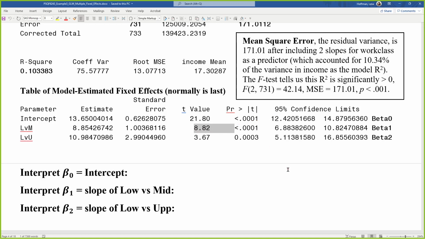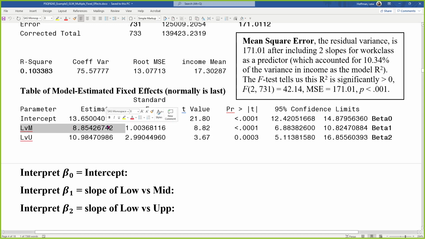A slope of 8.8 is 8.8 standard errors away from the null hypothesis. Way into unexpected territory if the true slope were 0. So putting that all together, the slope is positive. The slope is significantly positive, meaning that people who put themselves into the middle group make significantly more money than people who put themselves into the lower group.